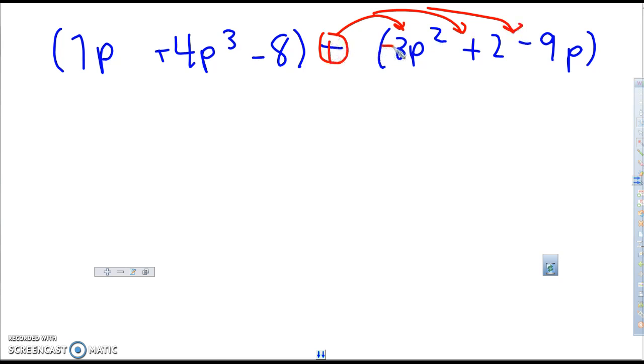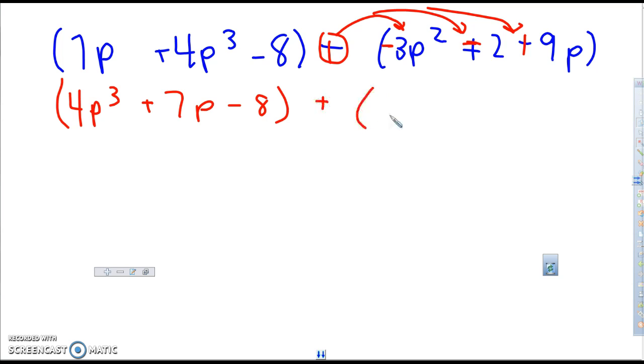So it'll be a minus 3p squared minus 2 plus 9p. And I could have rewritten it in standard form first. That's fine. Or I can do that now. Either way, I'll have a negative 3p squared plus 9p minus 2.